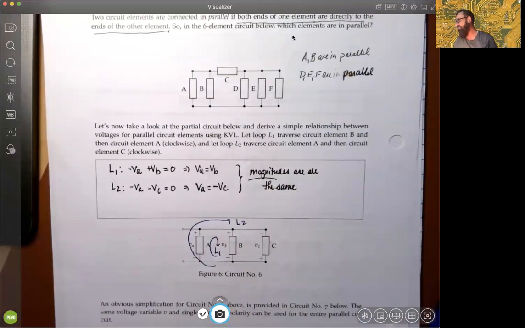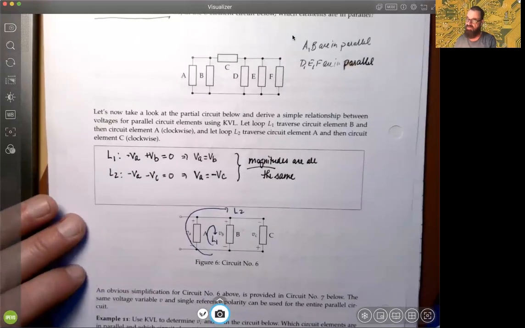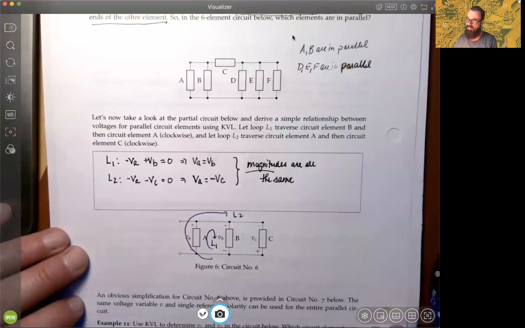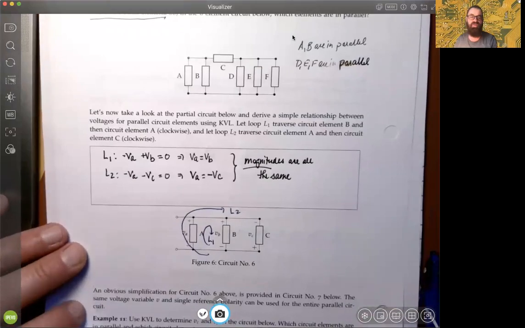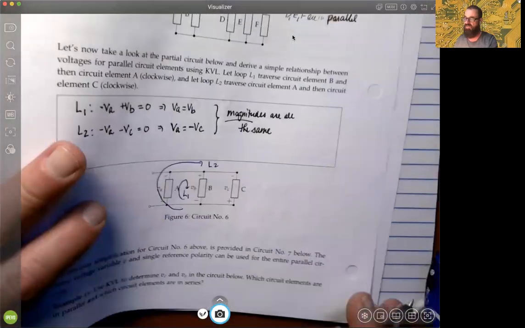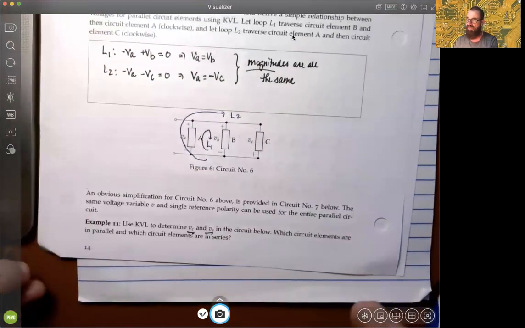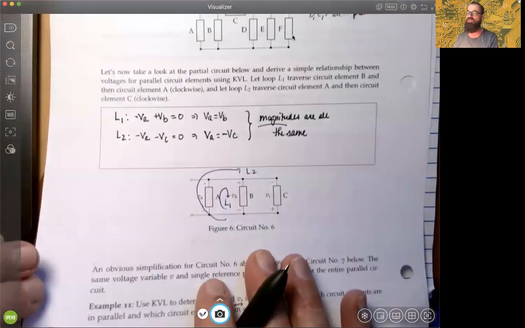We're going to do one more example just to make sure we see this situation. We're going to use KVL to determine two voltages at the bottom of page 14 on example 11, VC and VE. We'll see that in the diagram next. We're asking which circuit elements are in parallel and which are in series.